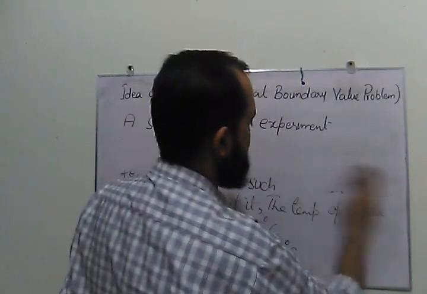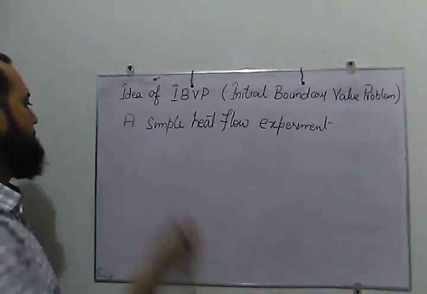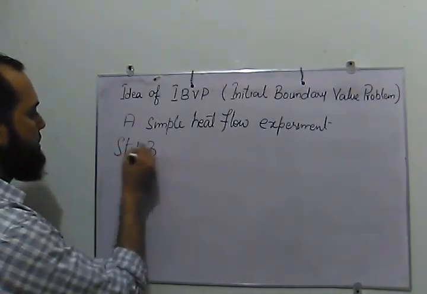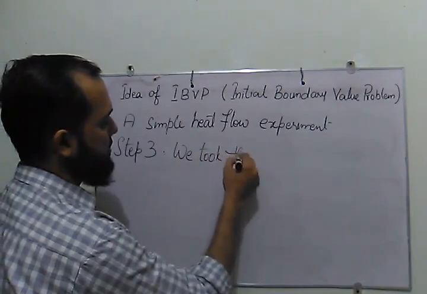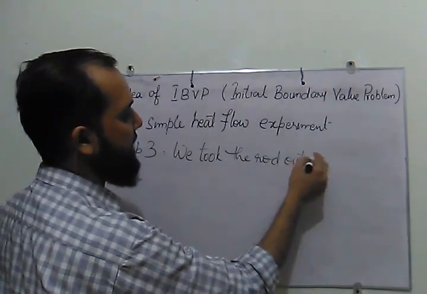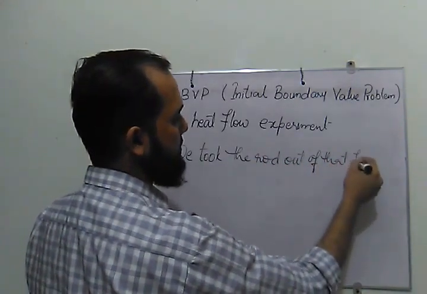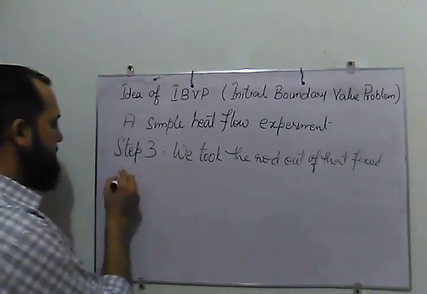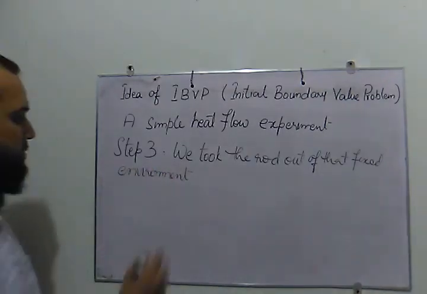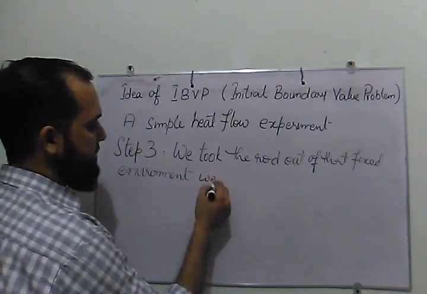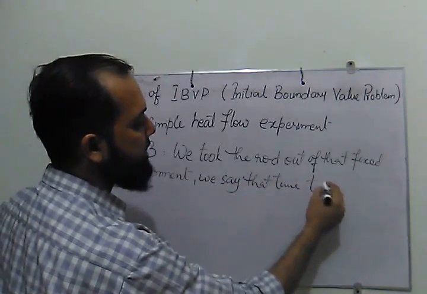Now step 3. In step 3, we took the rod out of that environment, and we say that time t is equal to 0.